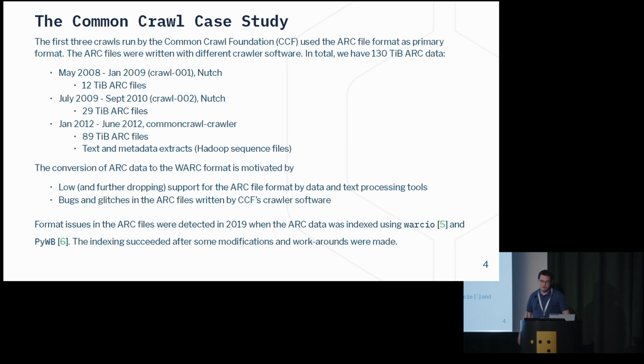These are some of the least accessed splits of our data set. And we see that there are a lot of bugs and glitches in the ARC files written, at least by our software.